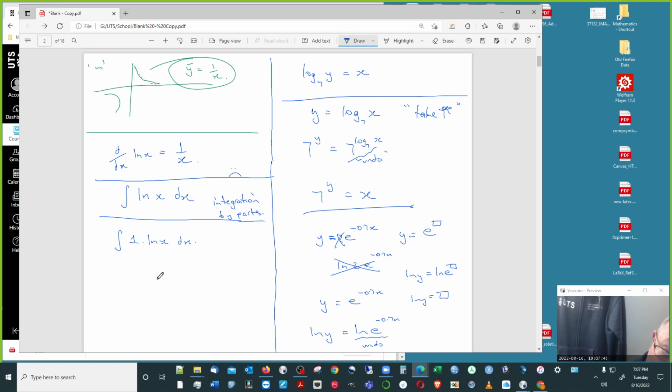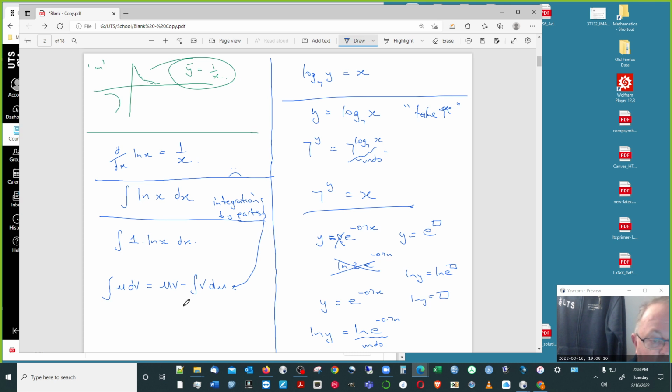And the polynomial, we know we can't integrate this, and so what we have is the integral of u dv is equal to uv minus the integral of v du.